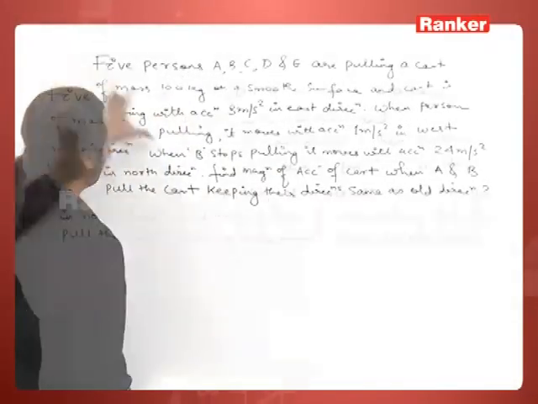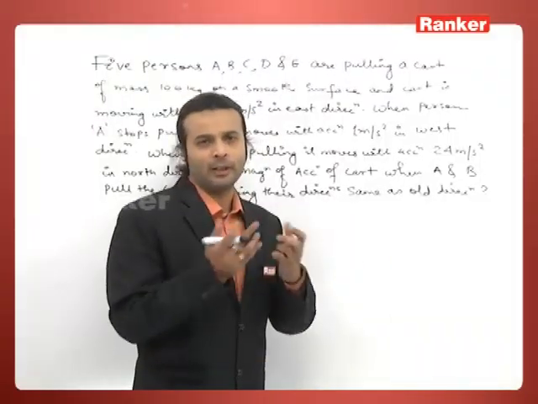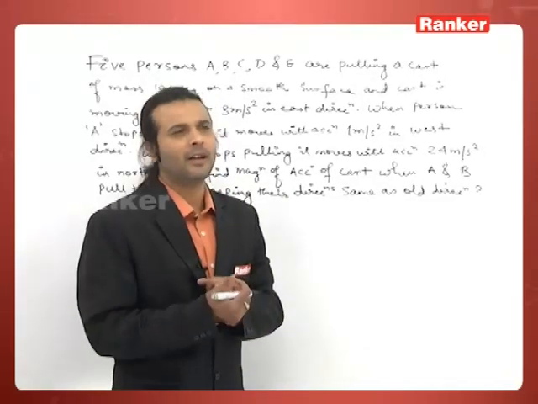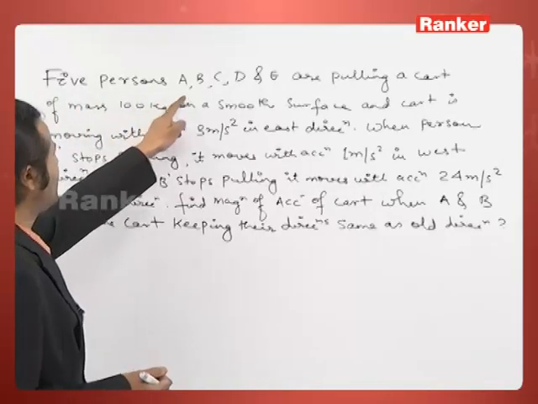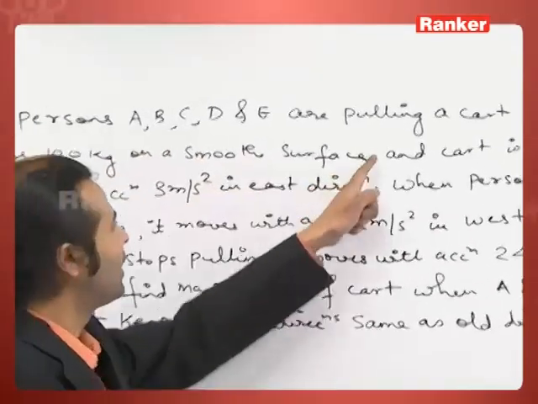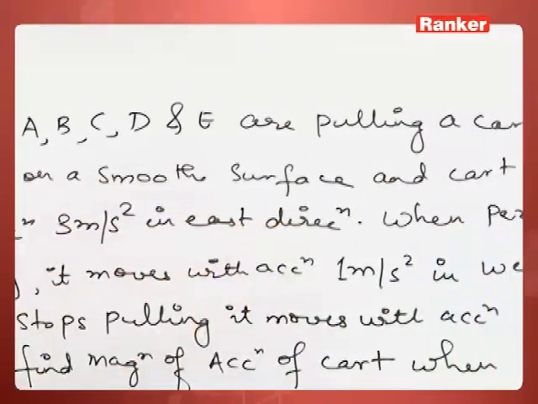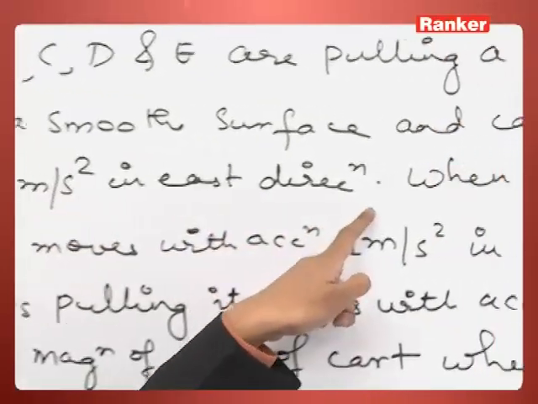Now this is a problem which will explain to you about the superposition of all the forces, and which will explain that force is a vector quantity and how to solve through vectors. The question is: 5 persons A, B, C, D, E are pulling a cart of mass 100 kg on a smooth surface, and the cart is moving with acceleration 3 meter per second square in east direction.